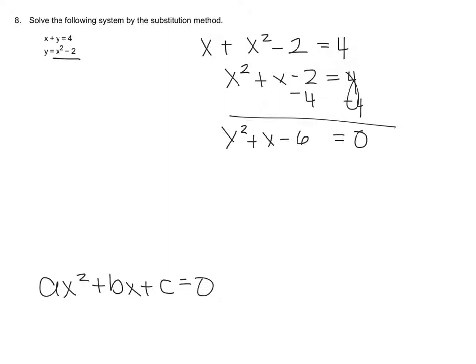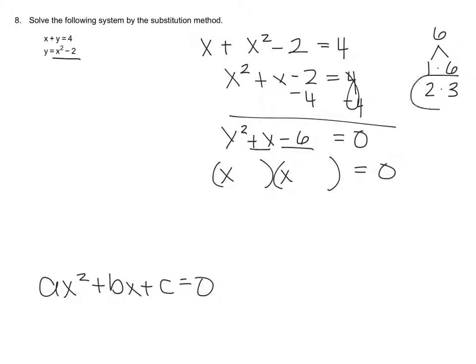Now I want to solve this equation, and I'm going to factor this and use the principle of zeros. So I'll factor this into two binomials. I have x times x in the first position of each parenthesis, and then I'm going to look at the constant term, which is a 6, and my factors of 6 are 1 times 6 and 2 times 3, and I want to choose the pair that when combined will give me a positive 1 in my middle term.